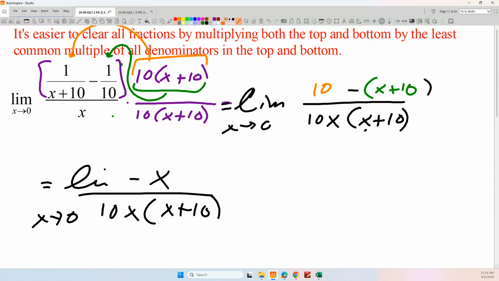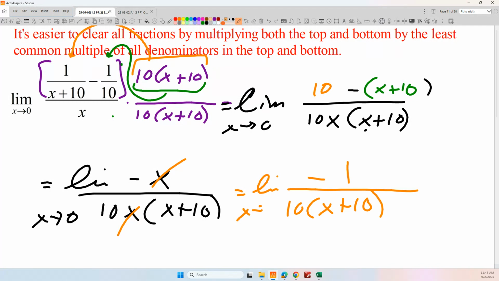So we can do our vertical cancellation of those factors. Now this time let's not combine steps, let's include that extra step. Equals the limit of negative 1 over 10 times the quantity x plus 10 as x approaches 0. So that term is approaching 0, and I just get negative 1 over 100.